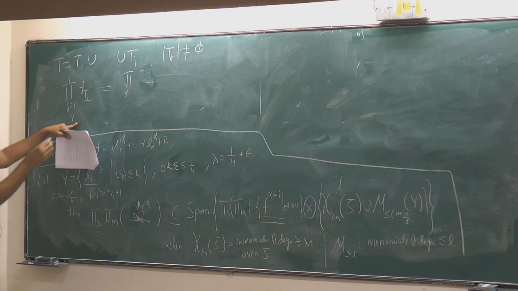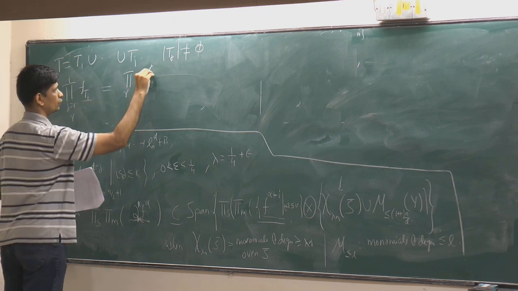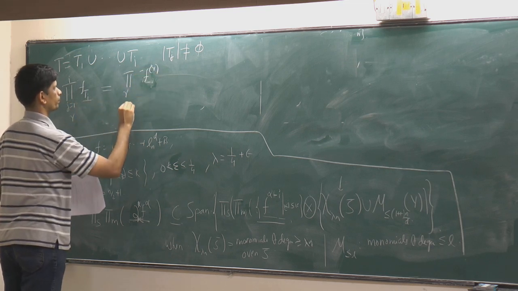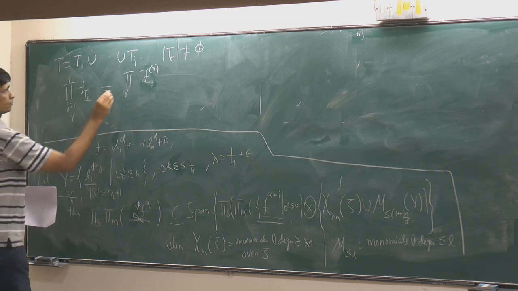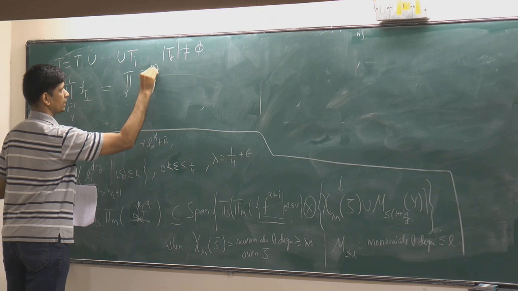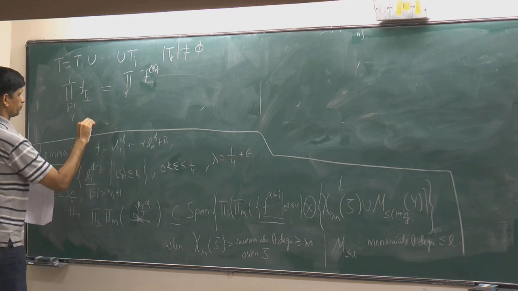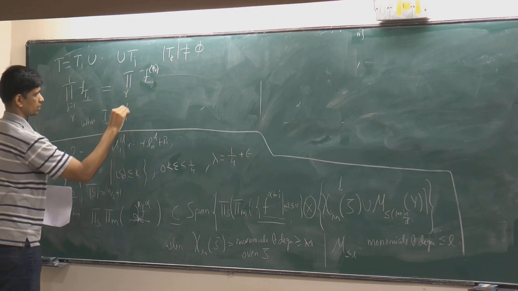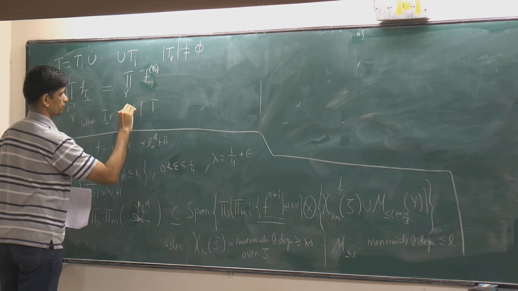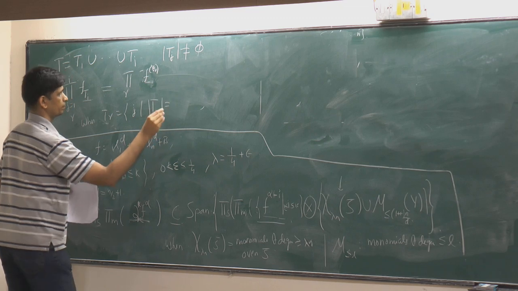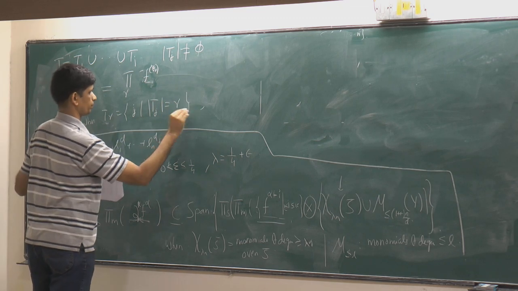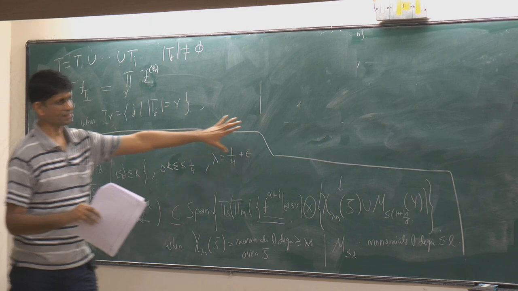So I'll have a notation f to the r, not r, t_r, where t_r is the number of sets with cardinality r. I'm just rewriting this expression now.